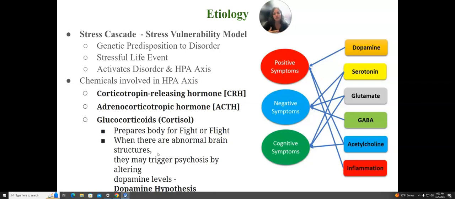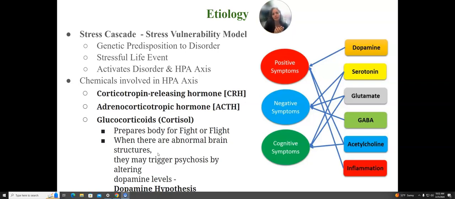But unfortunately, when your brain already has some abnormal structures, this might actually trigger the psychosis and might alter your normal brain functioning. And then it also activates dopamine levels.